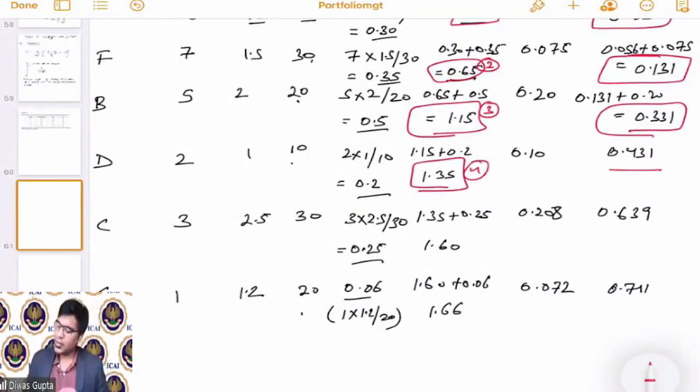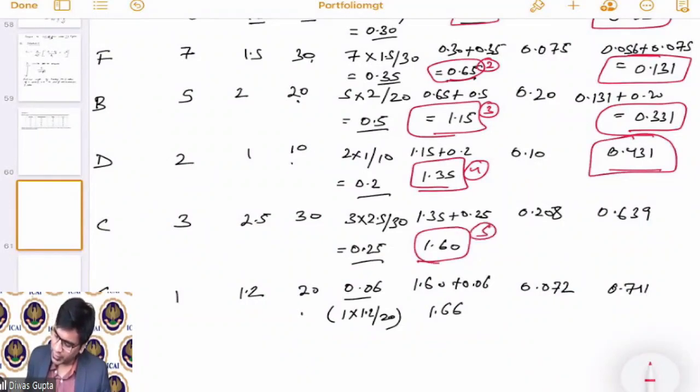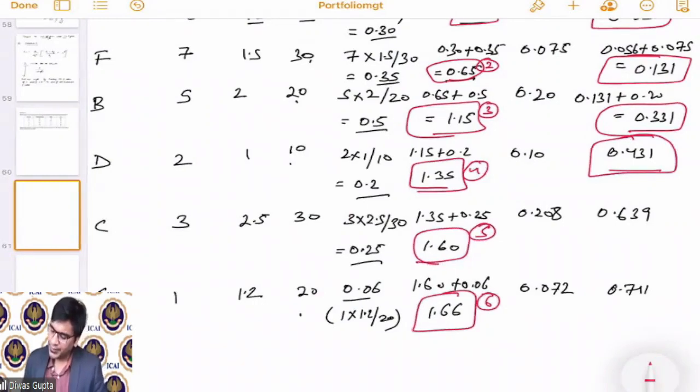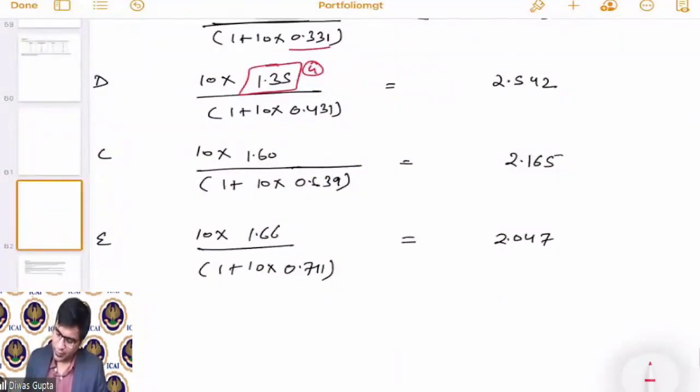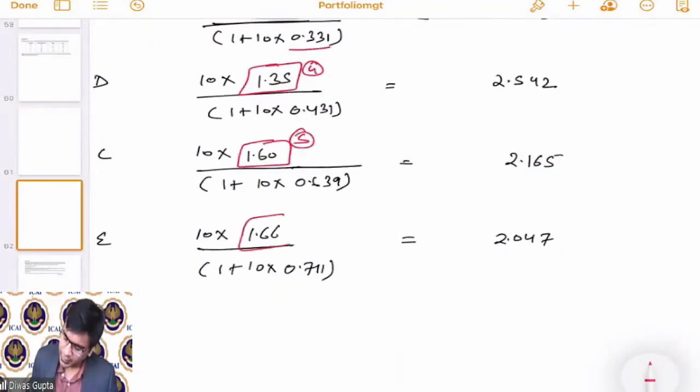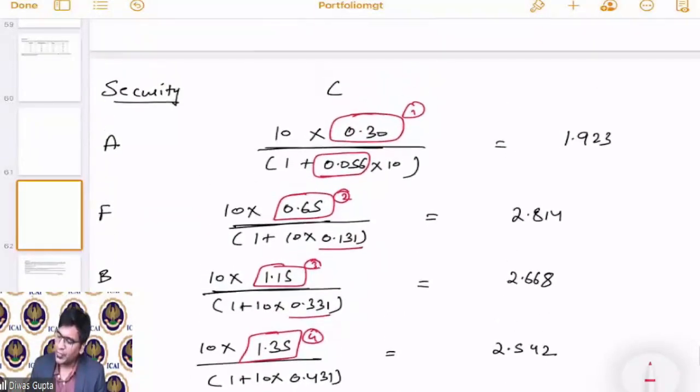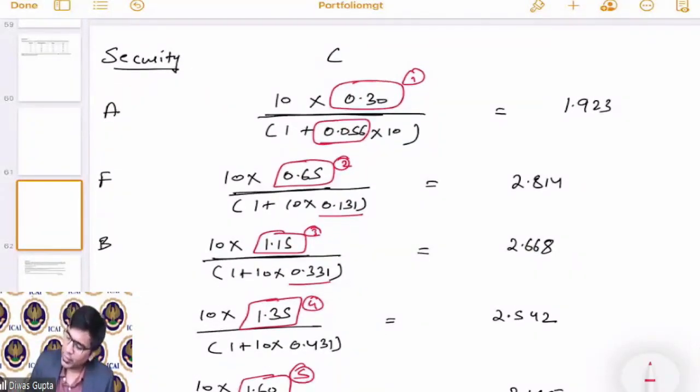And this is also coming in the denominator. 1.60 goes in the fifth reference and 1.66 goes in the sixth reference. Okay. So till now we have calculated the value of C, which are these.